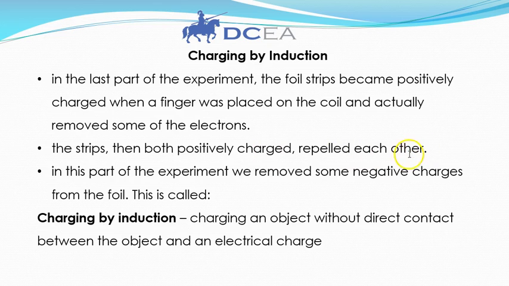So we had a situation in the first part of the experiment where they were repelling each other because they were both negatively charged, and now in the second part they're both positively charged with the same result. In this part of the experiment, we removed some negative charges from the foil. This was called charging by induction, and that's charging an object without direct contact between the object and an electrical charge.